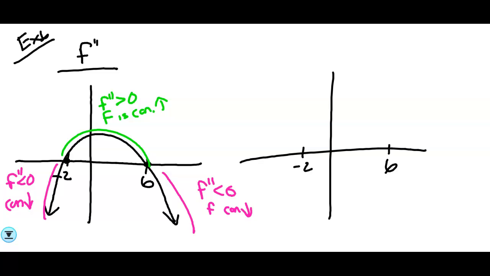What do I know about F to the left of -2? Concave down. So you guys got to know what concave down looks like. Concave down looks like that, right? That's bending down. Now, what do I know about F between -2 and 6? Concave up. And what do I know about F to the right of 6?